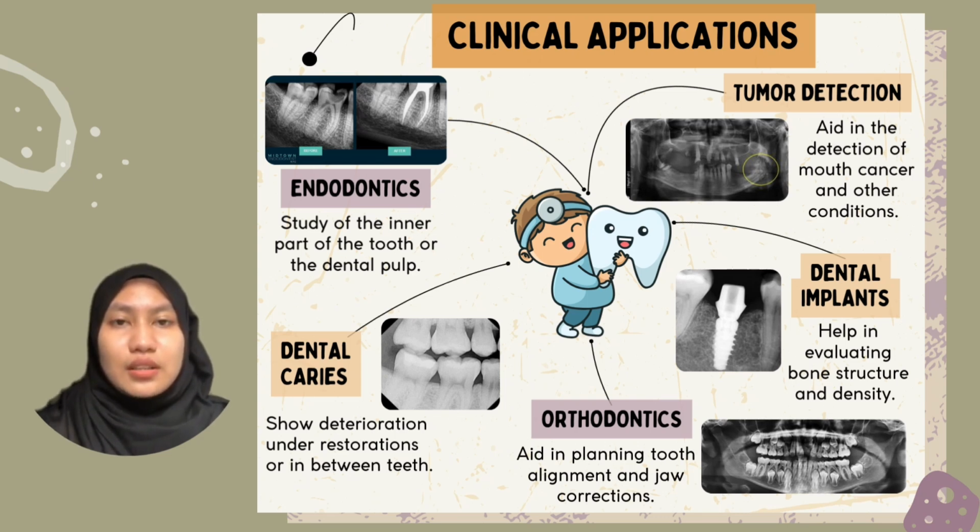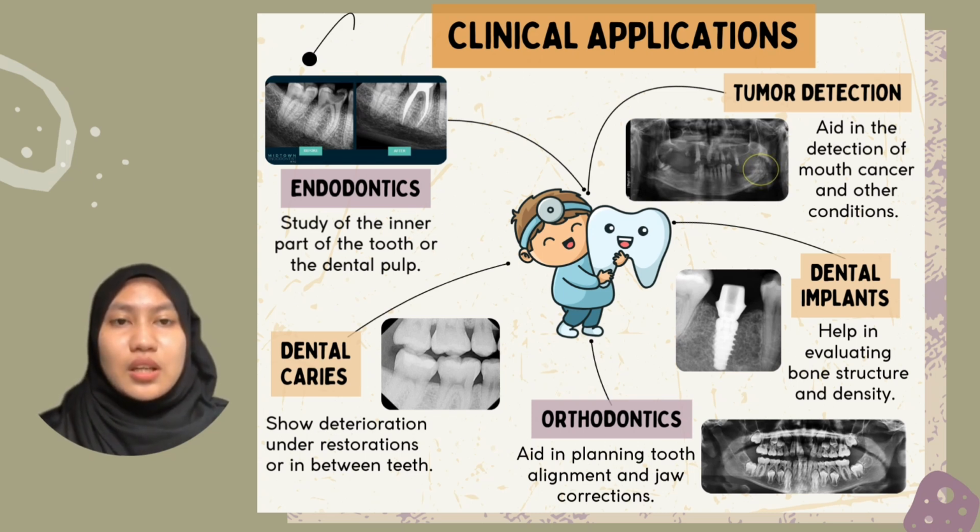Other than that, radiographs are also useful in the field of dental implants. Why do I say that? Because they help evaluate bone structure and density to determine whether the jaw can support an implant. So, imaging can ensure precise placement and long-term success of the procedure.